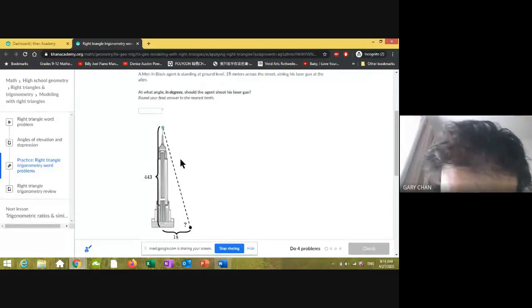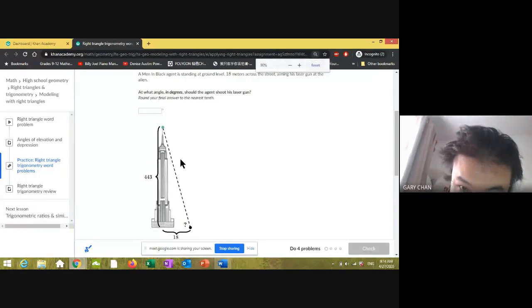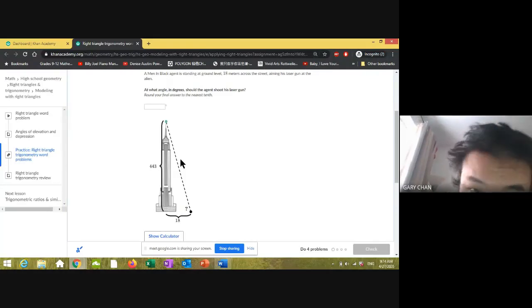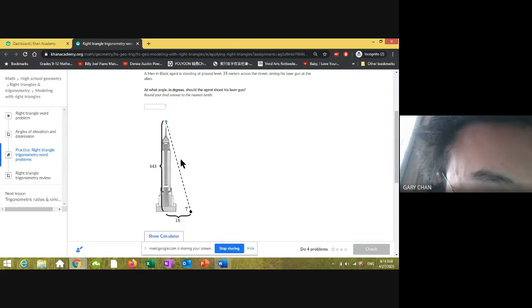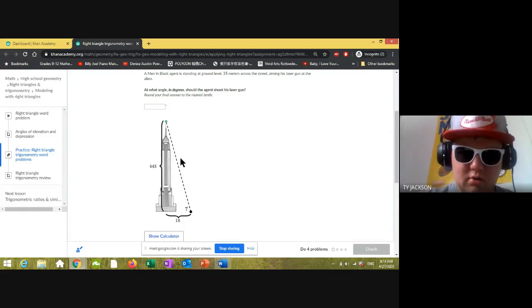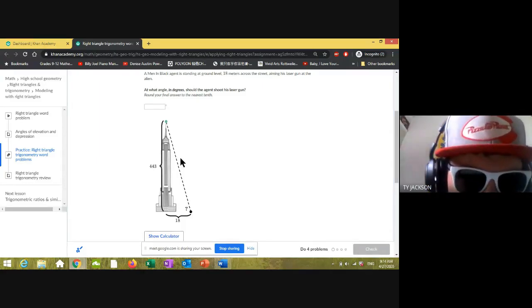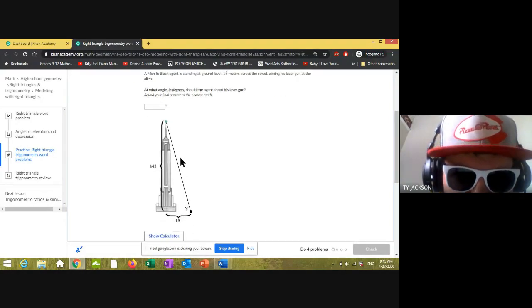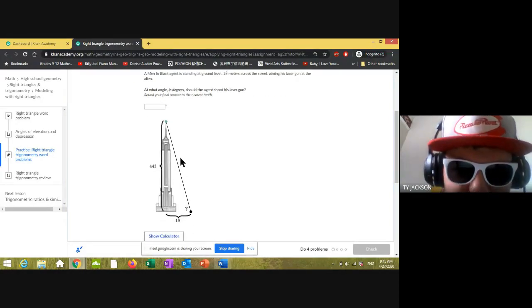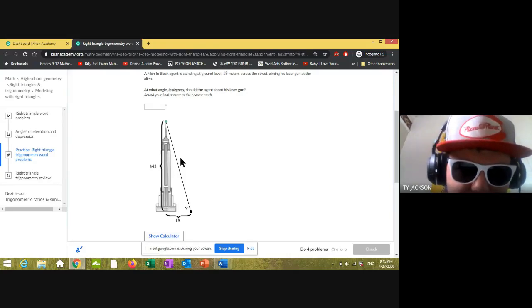Okay, so we have this right here. Let's read through this. Maybe Ty, can you read the problem for us? Sure. A man in black agent is standing at ground level 18 meters from across the street, aiming his laser gun at the alien.